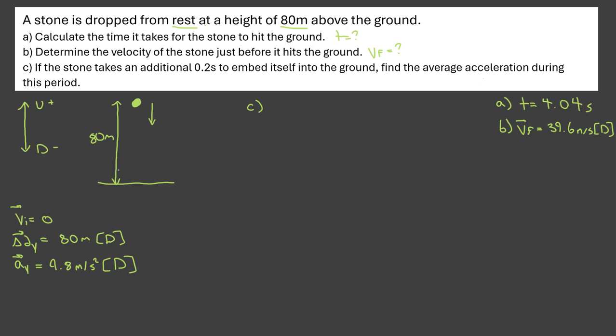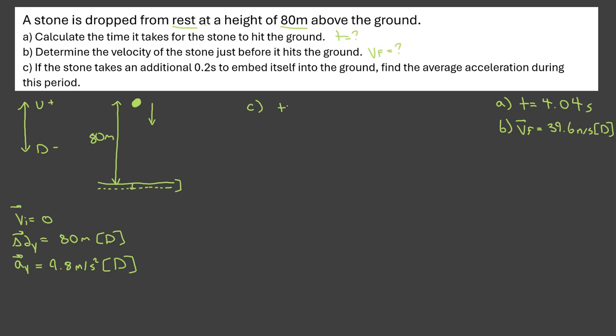So let's say this is the ground here in my diagram, and the stone is going to go just a little bit further down, embedding itself within the ground. We want to evaluate this scenario while it's embedding itself within the ground.